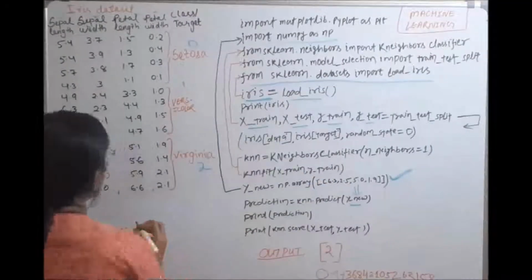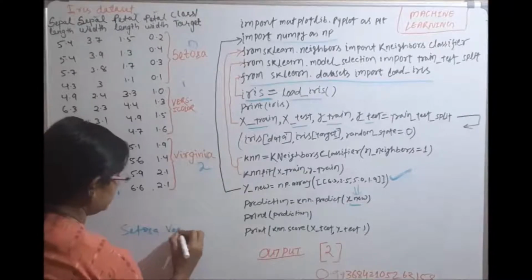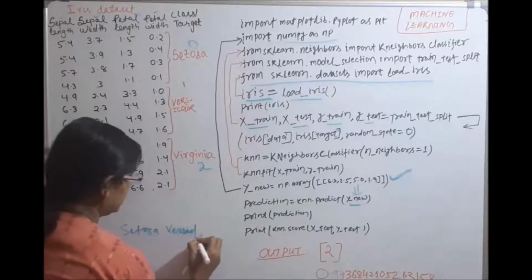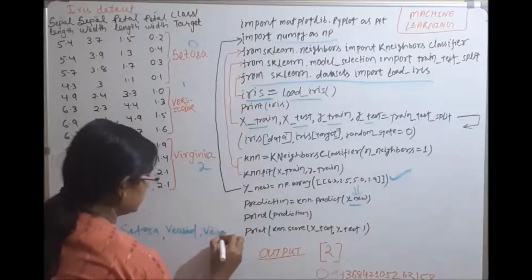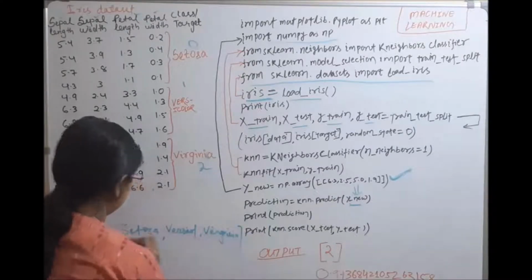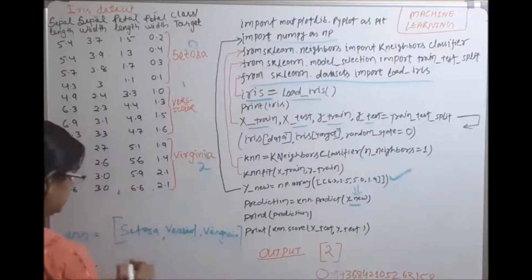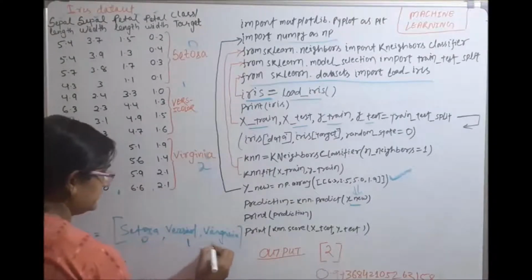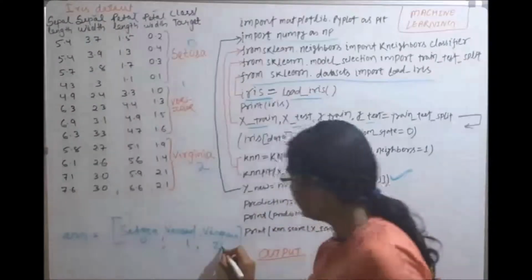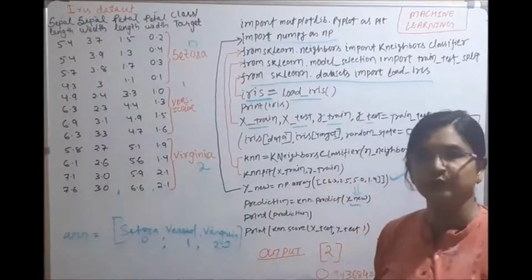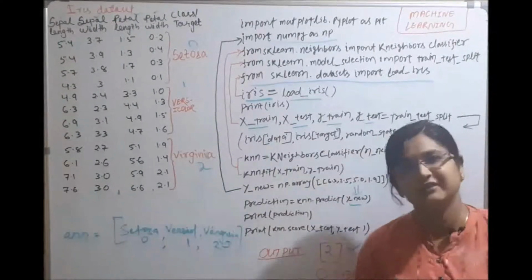Suppose this is an array of Setosa, Versicolor and Virginica, indexed 0, 1 and 2. Virginica's index is 2, so it has predicted the number 2, and the species belongs to Virginica.